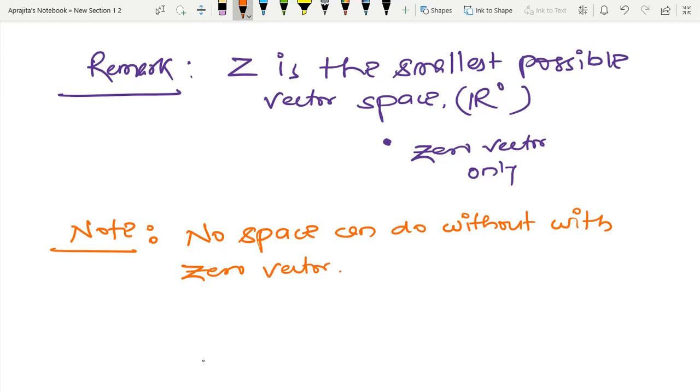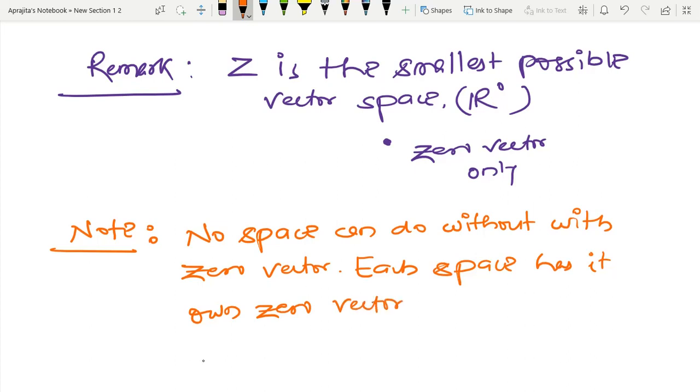We have already seen this from the definition, and each space has its own 0 vector.